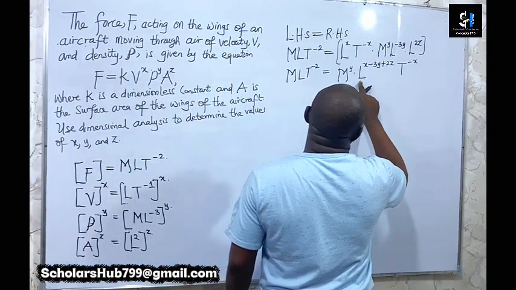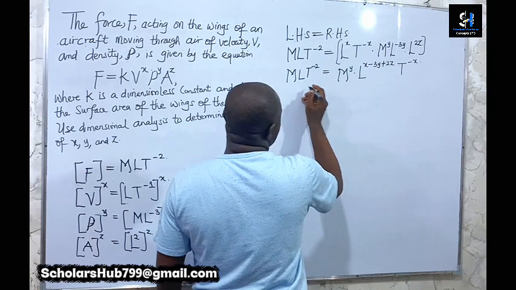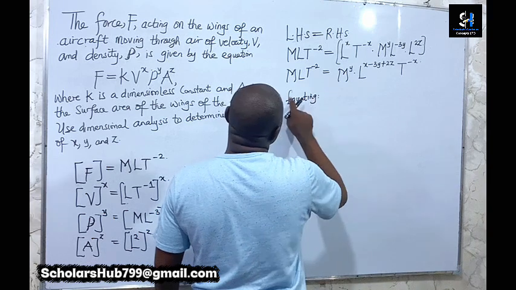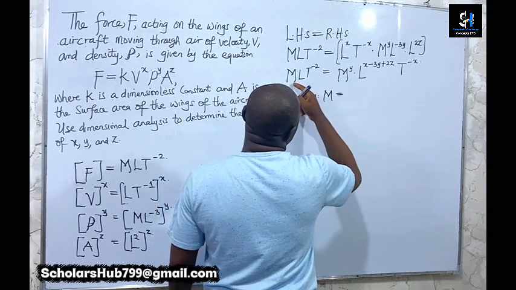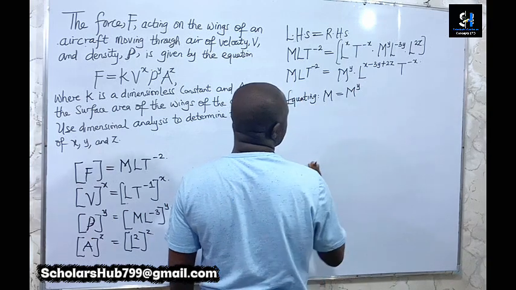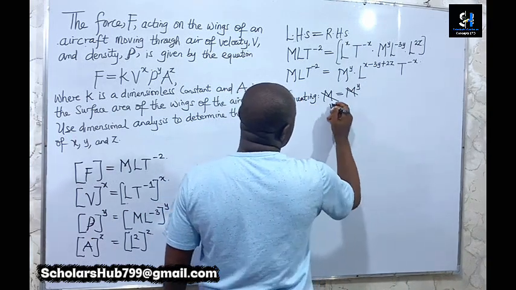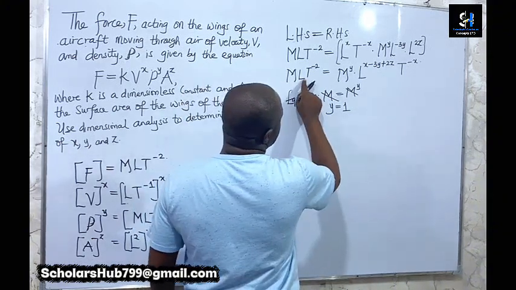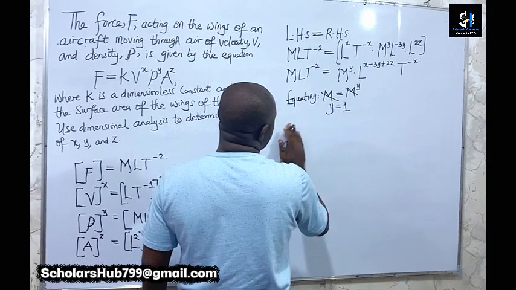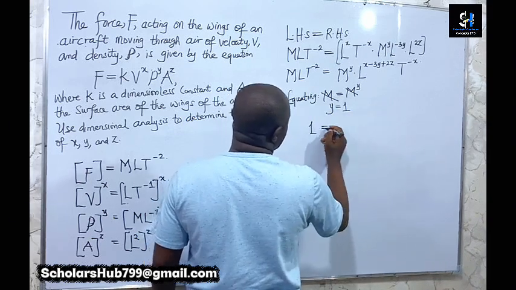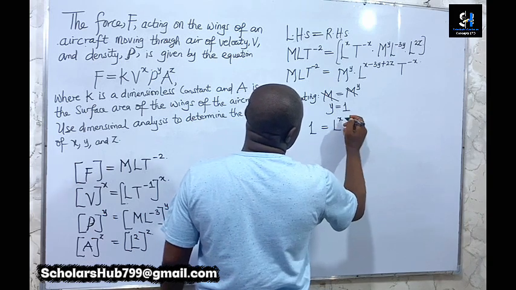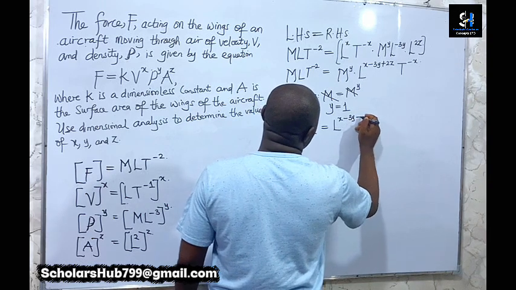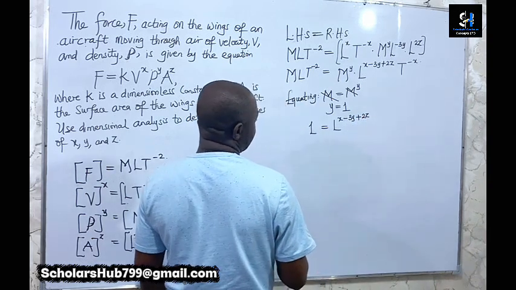By equating now, if we equate M on the left side with M^y on the right side, then the value of y will be 1. Also I'm going to equate L on the left side with L^(x - 3y + 2z) on the right side.